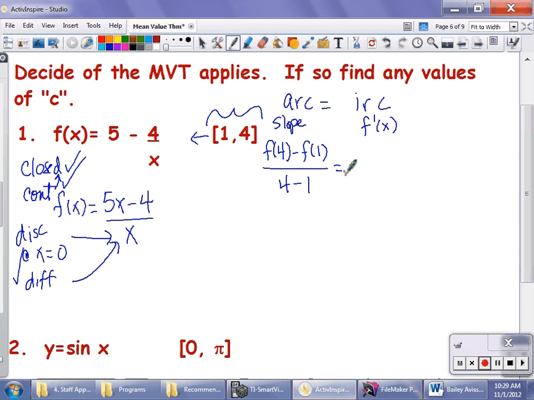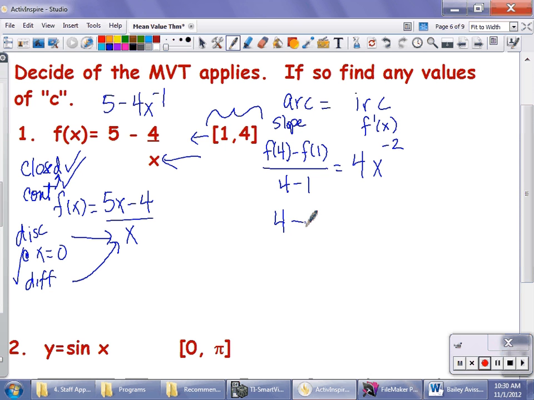And the instant rate of change is the derivative of the function. So f of x is 5 minus 4x to the negative 1. The derivative of 5 is 0, and the derivative of negative 4x to the negative 1 is 4x to the negative 2.